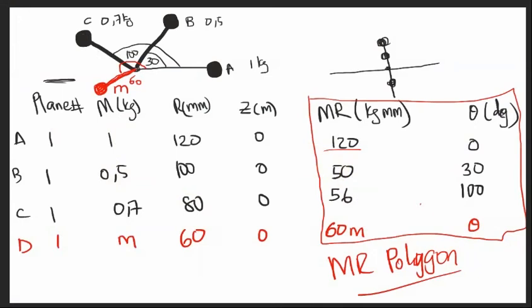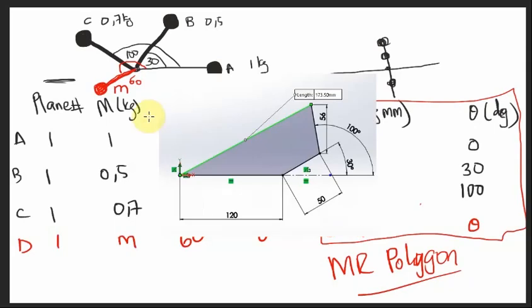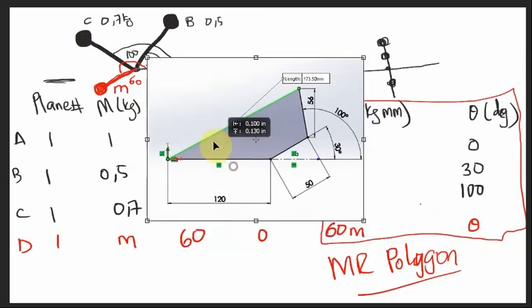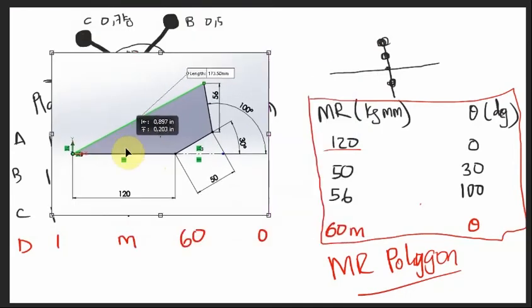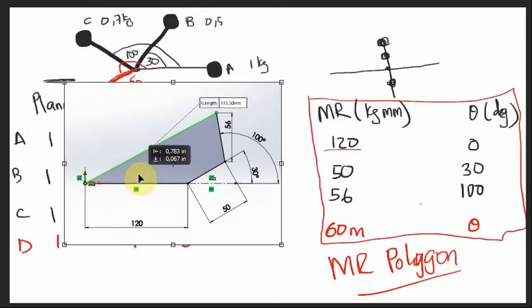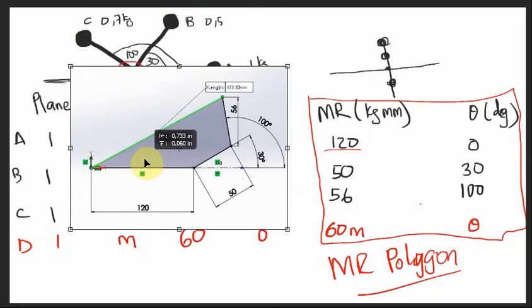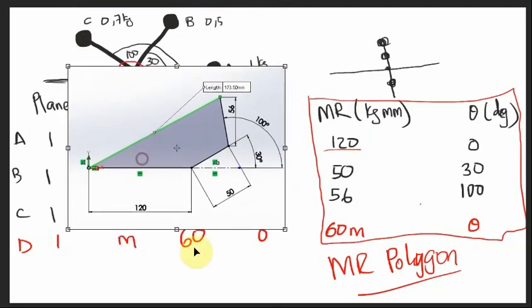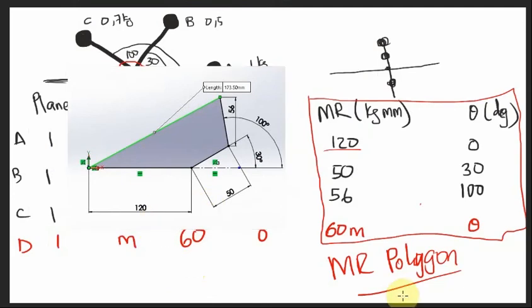So we did our calculation, inputting these angles, and we got this polygon. Let's put it here, using the values that we got.